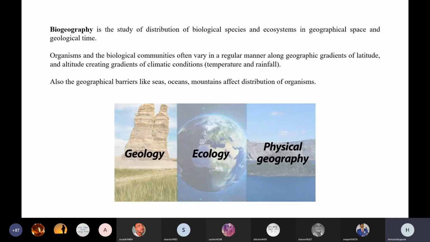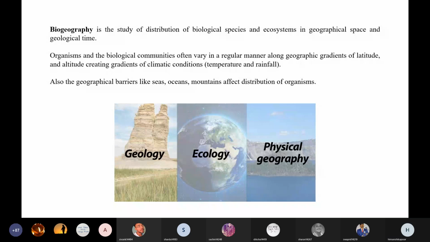And climate change will again affect the geographical features. With more global warming, polar ice caps will melt. So whatever vegetation or plants and animals are thriving in those areas will be affected.